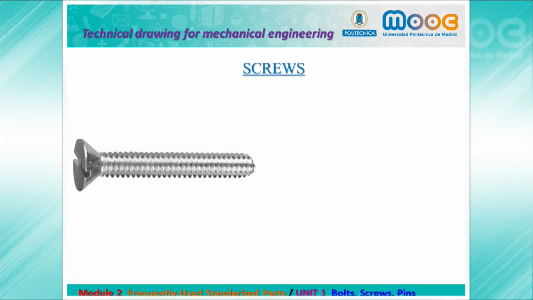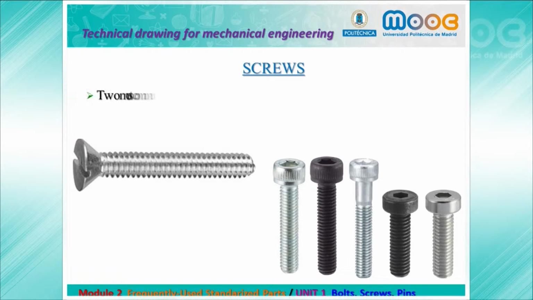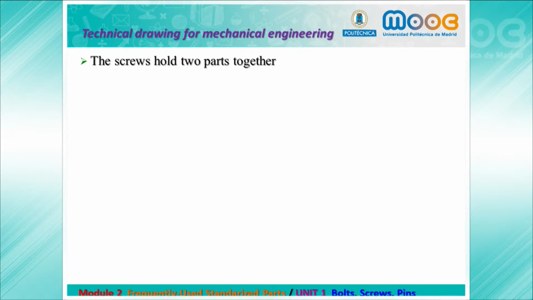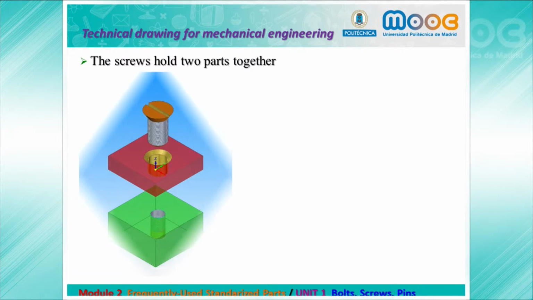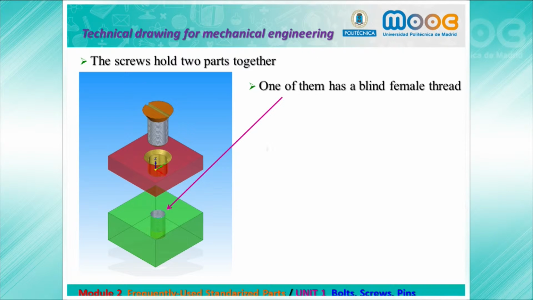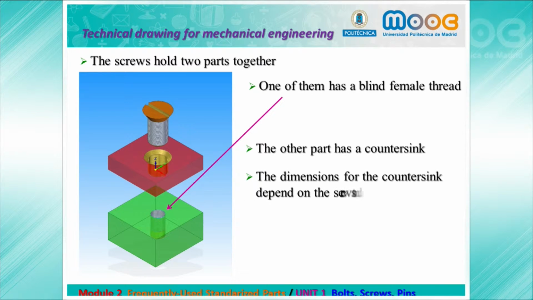Screws. The two most common types of screws are the countersunk screws and socket head cap screws. The screws hold two parts together, but one of them has a blind female thread, and the other part needs a countersink.